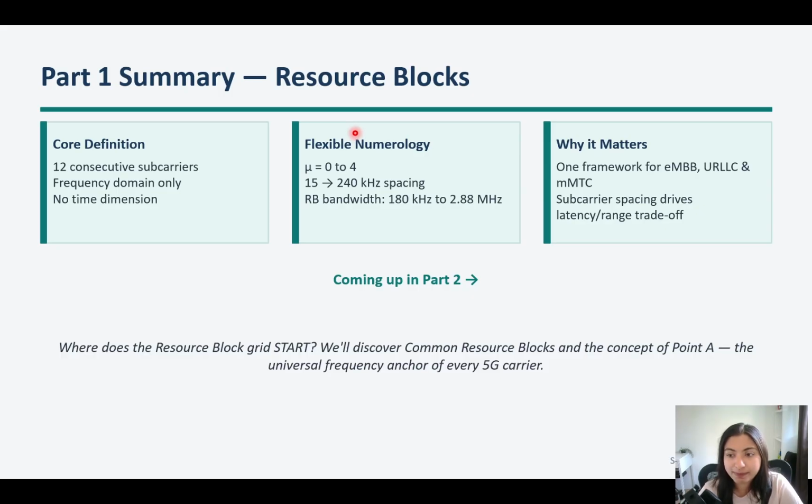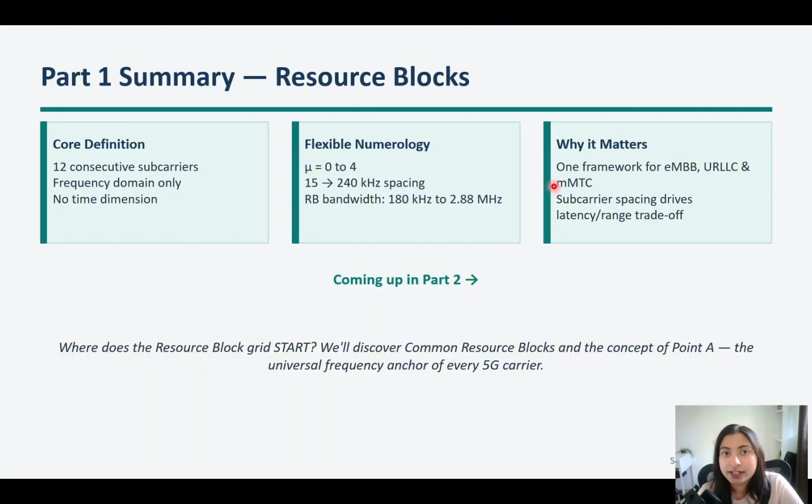The subcarrier spacing, the numerology, determines the bandwidth of each resource block, ranging from 180 kHz at 15 kHz subcarrier spacing all the way to 2.88 MHz at 240 kHz subcarrier spacing. This flexibility is what allows 5G to simultaneously serve broadband users, ultra low latency communication and massive machine type communication.